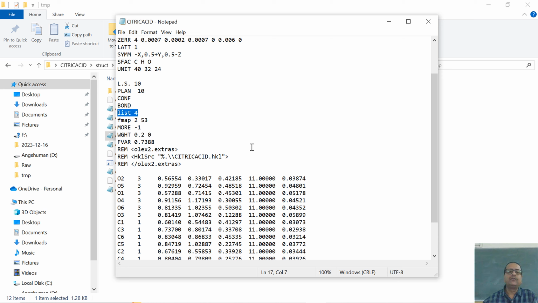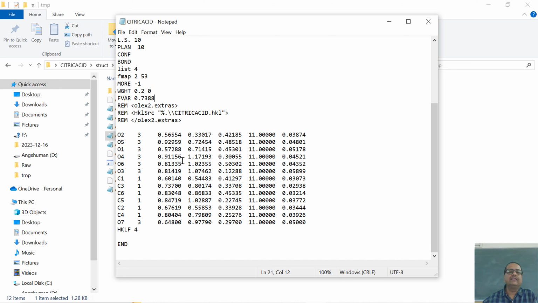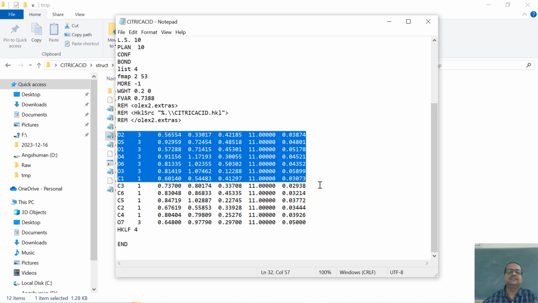LIST 4 is how it will make the final list of data. FMAP is, what is your 2 theta range, 2 degree to 52 degree. This mode I forgot what it is, we need to check that. These are the weighing parameters, free variables, and then the important part is this table.